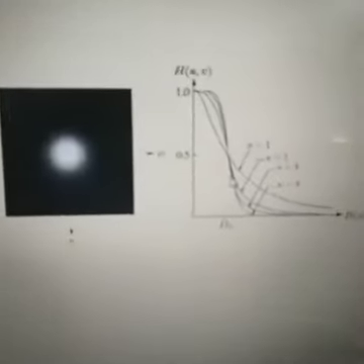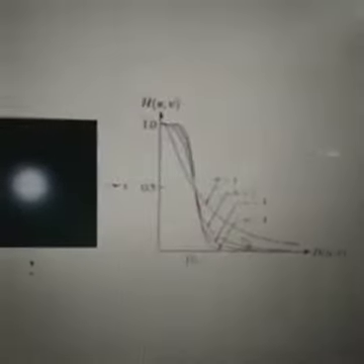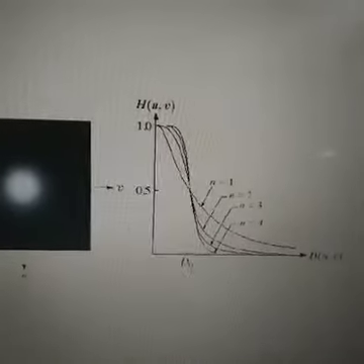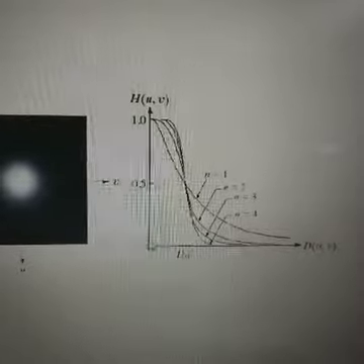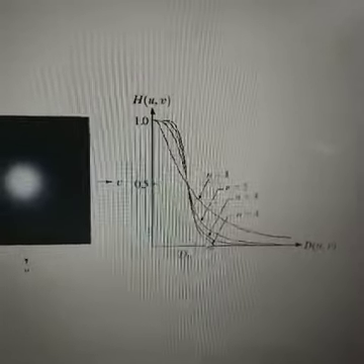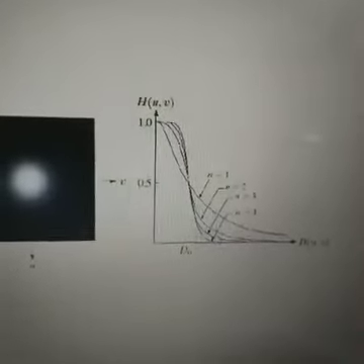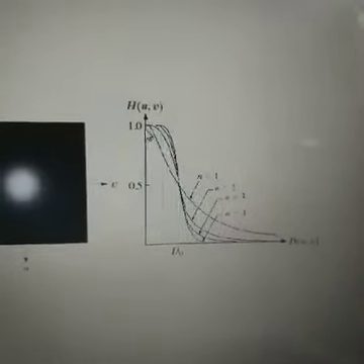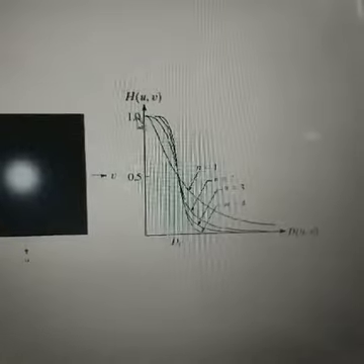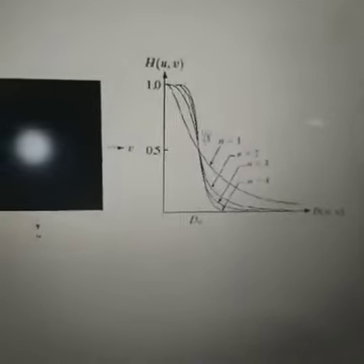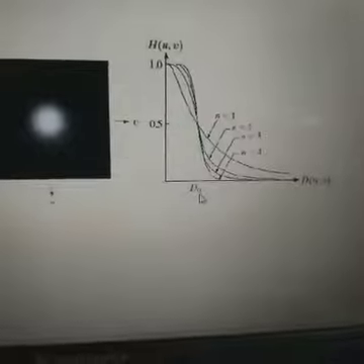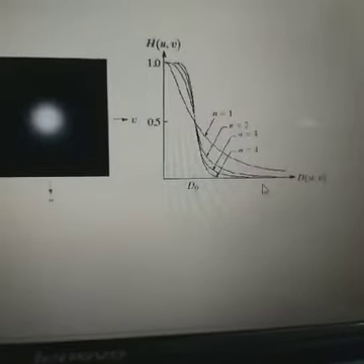So here we see that we have the values. Here we have the distance vector away from the origin, which means that the D0 value is greater than or equal to 0. Clear? Here we have the filter function value, that is 1. We have different values if we have different D0 values.